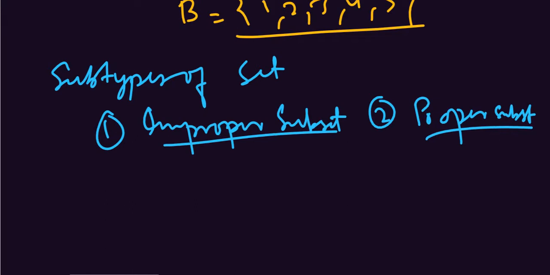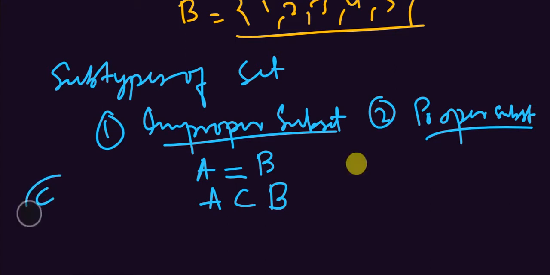So what is an improper subset? Improper subset means when two sets are equal. If two sets are equal, then A is the improper subset of B. This is the symbol for improper subset. So A is the improper subset of B, and also B is the improper subset of A because both are equal.